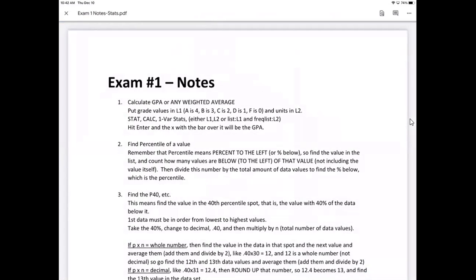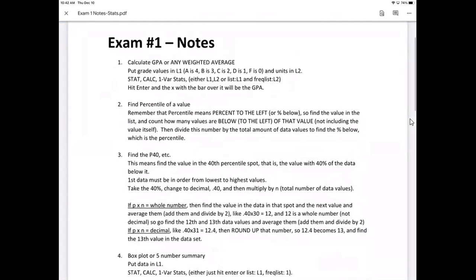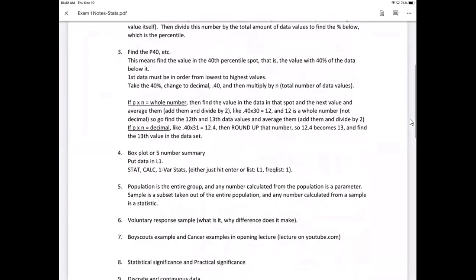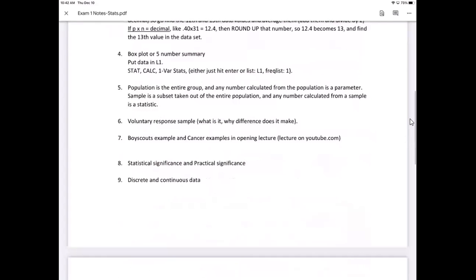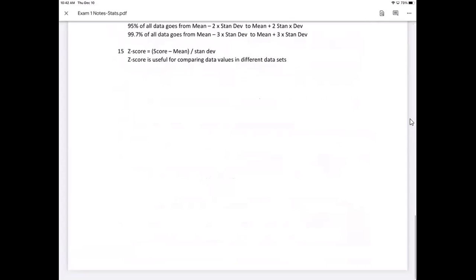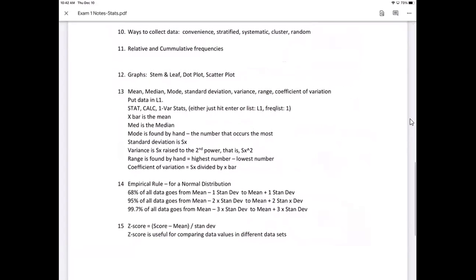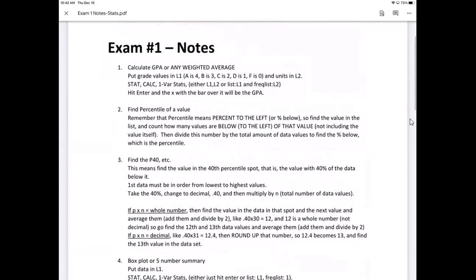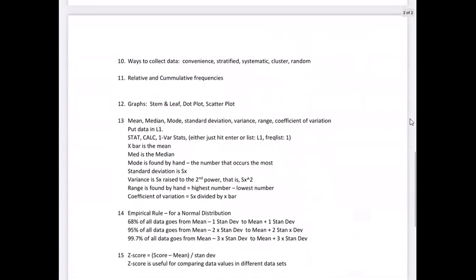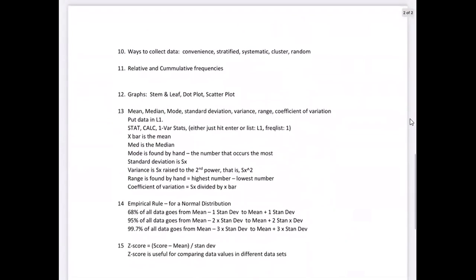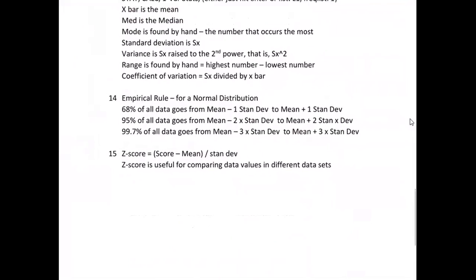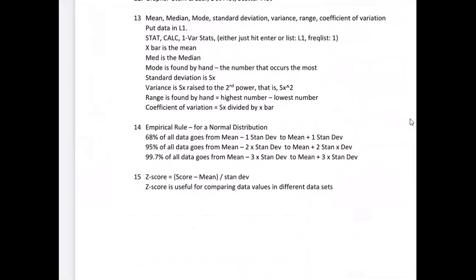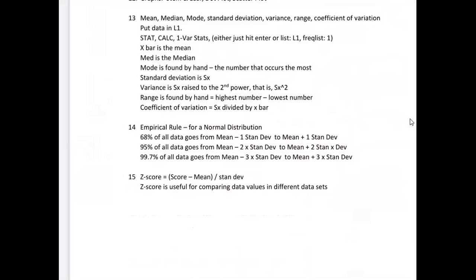Percentile, P40, box plot, population, voluntary response. Oh, is that all I did for exam 1 notes? It doesn't seem all that helpful. But where's the Z-score calculation there? I'm not seeing it. Oh, there it is. It's right at the bottom. So there's the exam 1 notes.